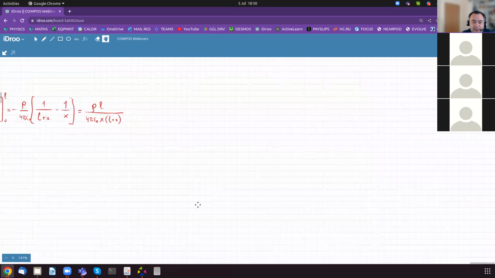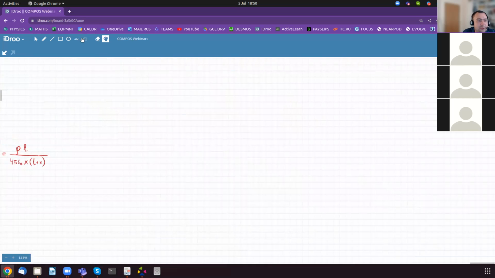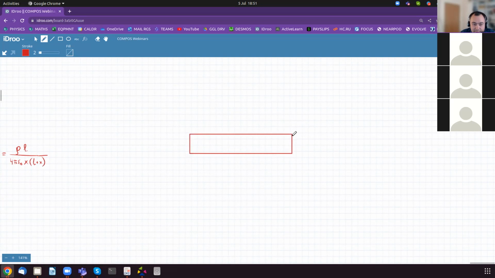Basically, what is magnetic flux? You have a magnetic field. So let's say you have a bar magnet, and you have all these magnetic lines going out.